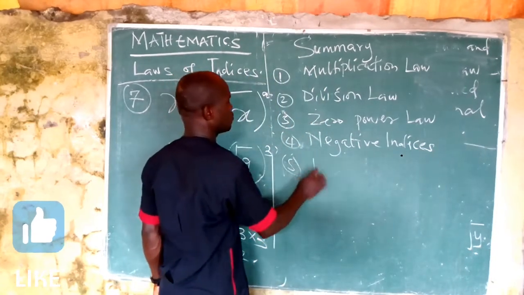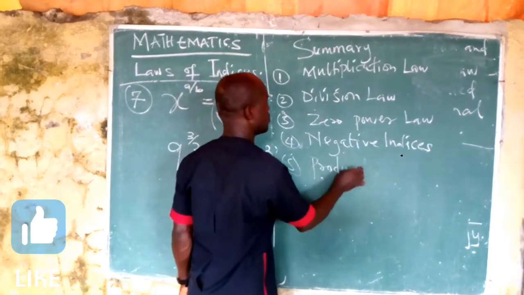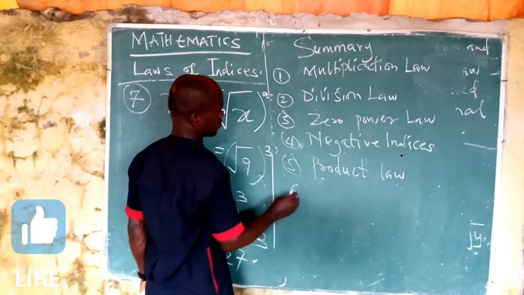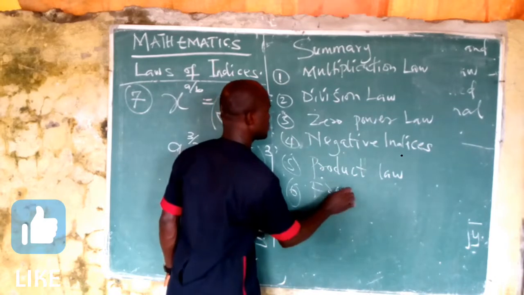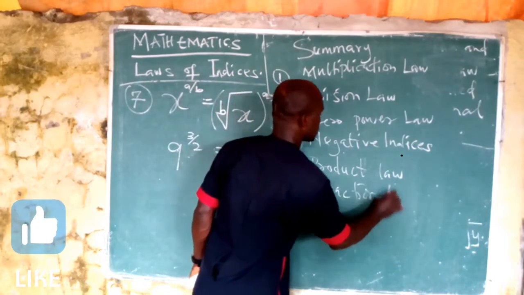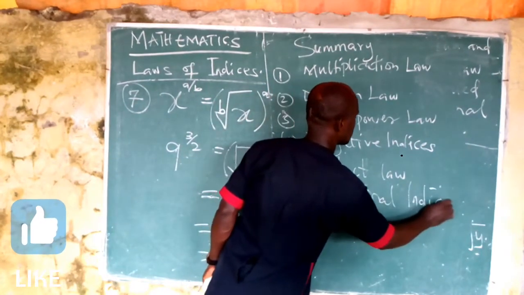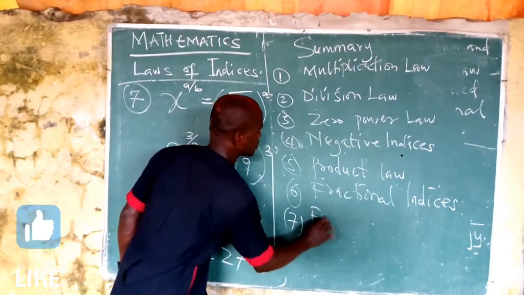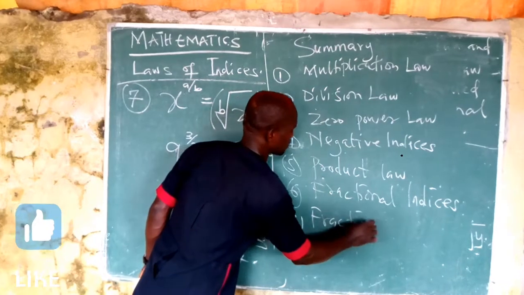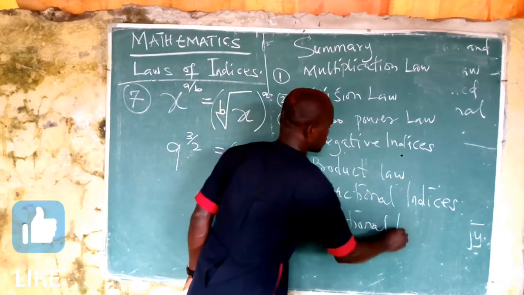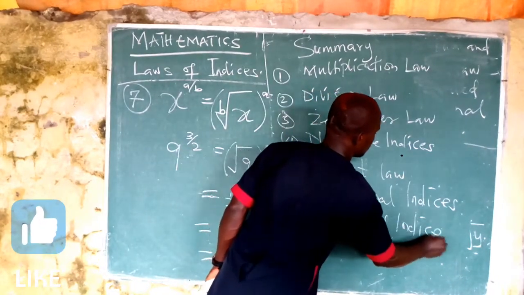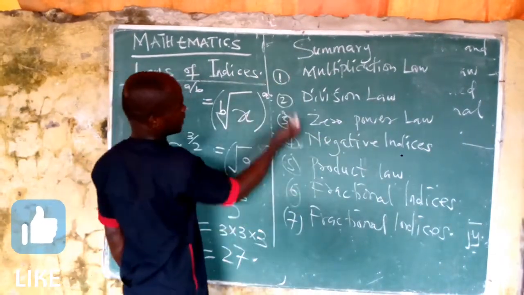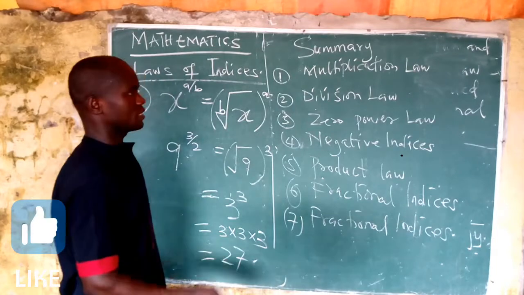And the fifth one is the product law. And the sixth is fractional indices. The seventh is also fractional indices. So these are the laws we've been able to learn today, the 7 laws of indices.